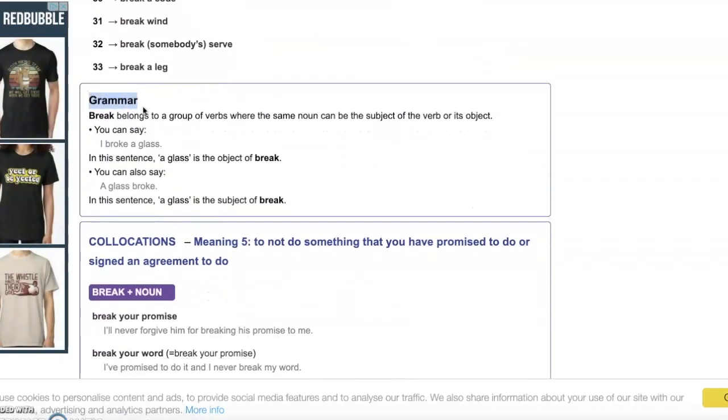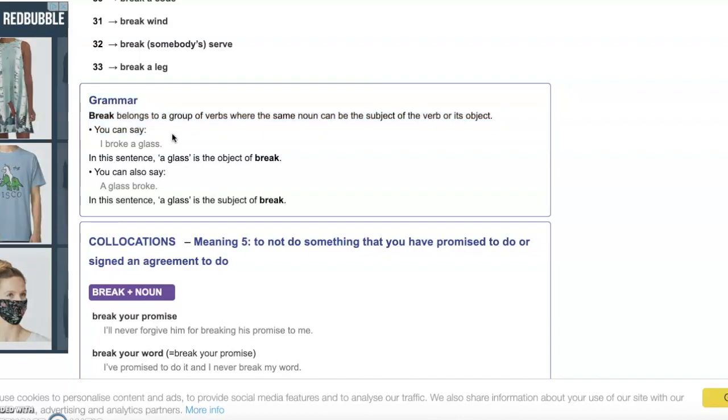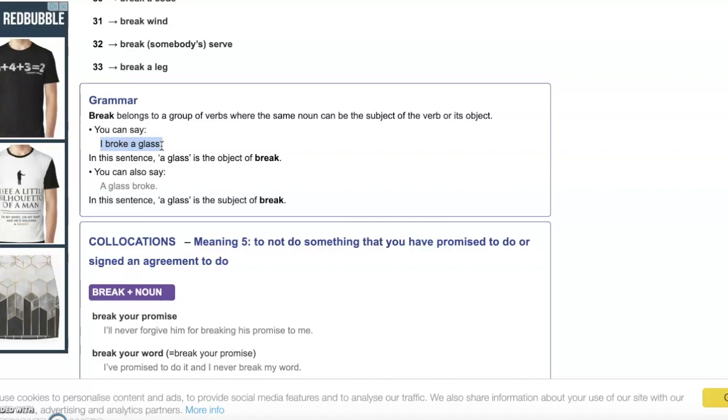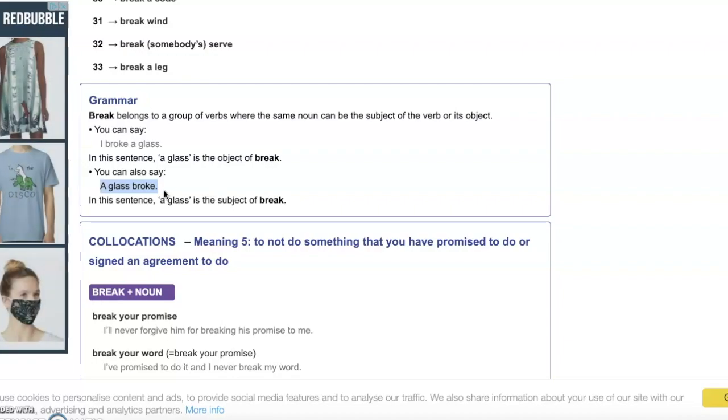And the grammar guide says break belongs to a group of verbs where the same noun can be the subject of the verb or its object. So you can say, I broke a glass, and you can also say, a glass broke. This is a very important piece of information on the grammar of this word and how it's used. So make sure to check out the grammar guide.